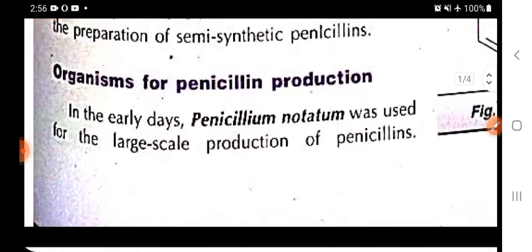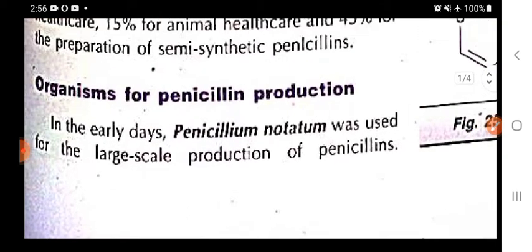Penicillin has great importance nowadays also, especially with the coronavirus infection. Scientists have tried different combinations of antibiotics to stabilize the human body when exposed to coronavirus infection. One of the antibiotics is penicillin, and a semi-synthetic penicillin known as amoxicillin, which is quite effective.